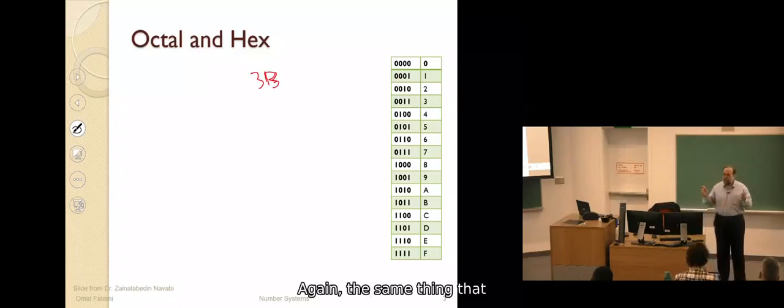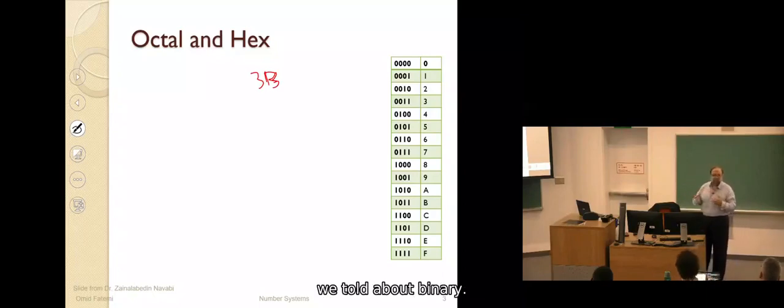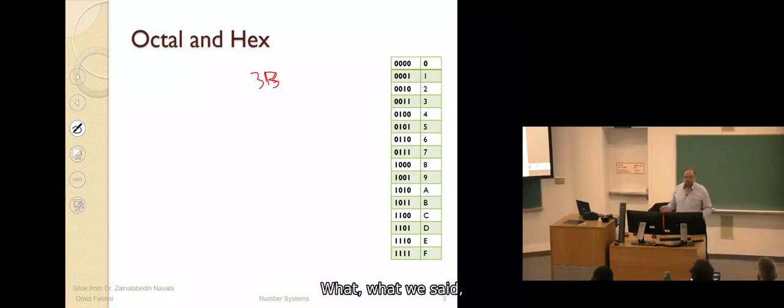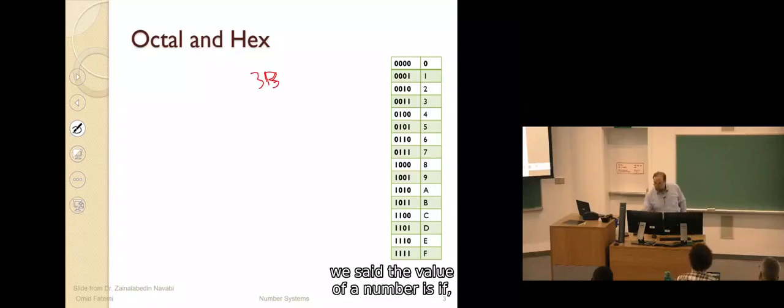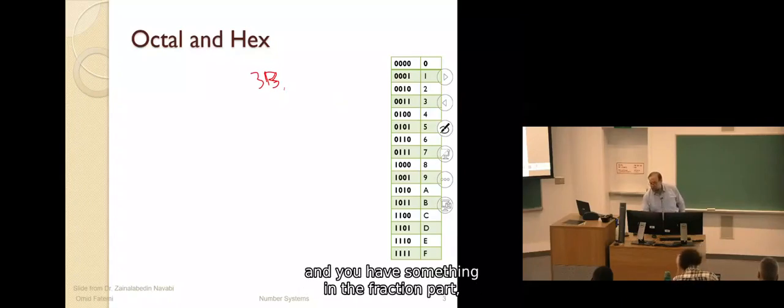Again, the same things that we told about decimal, we told about binary, it applies here. What we said? We said the value of a number is, if you have some kind of this point, which is hexa point here, and you have something in the fraction part, and you have something in the integer part.